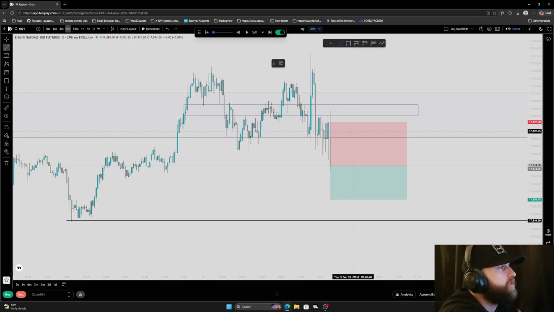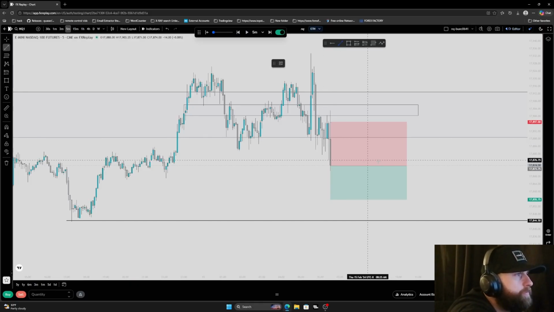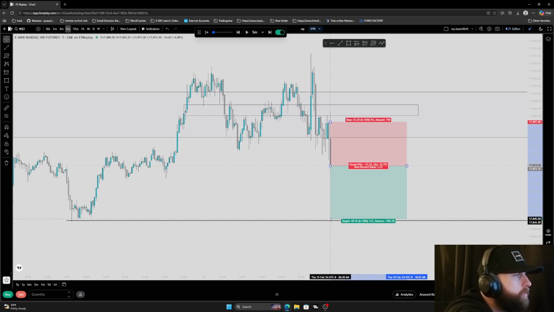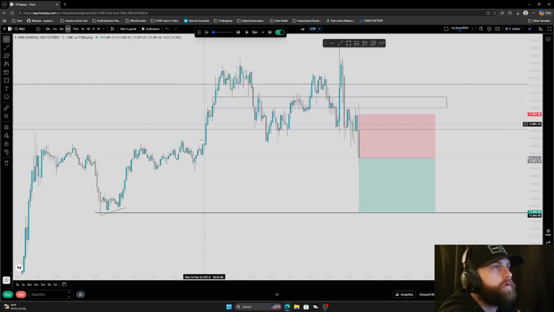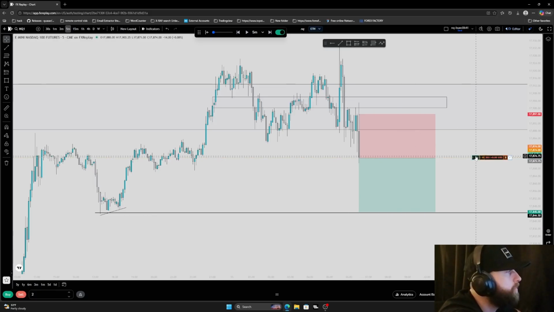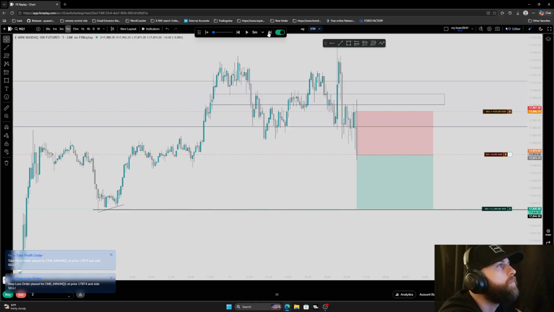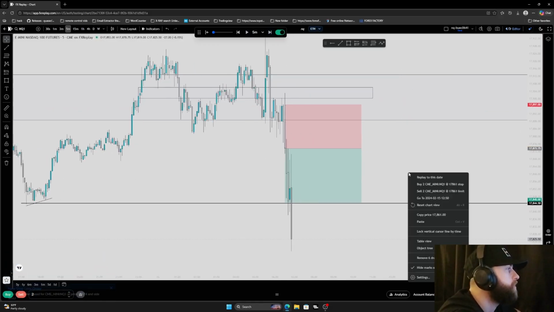I'm taking it off the change in the state of delivery. There. Target these lows. Low resistance liquidity right here as well. Good target. Nice.